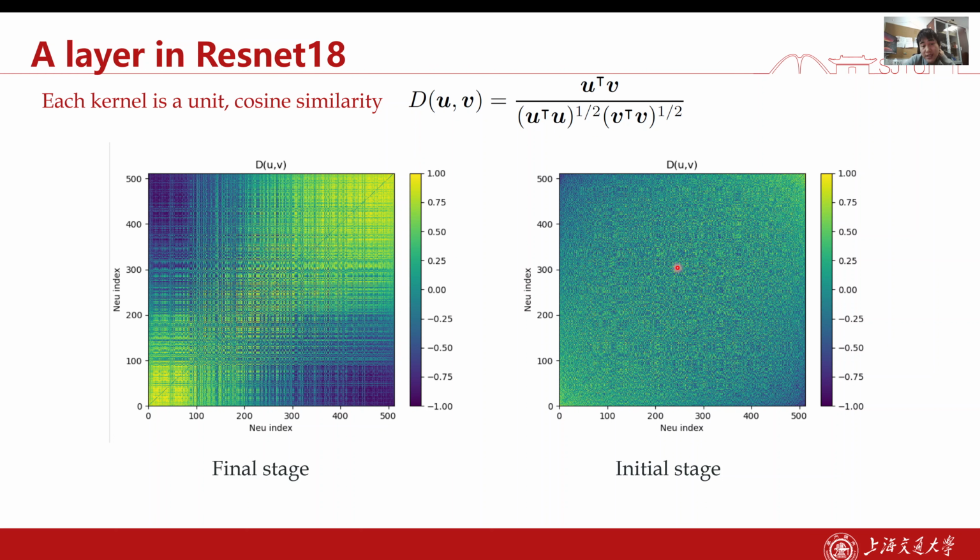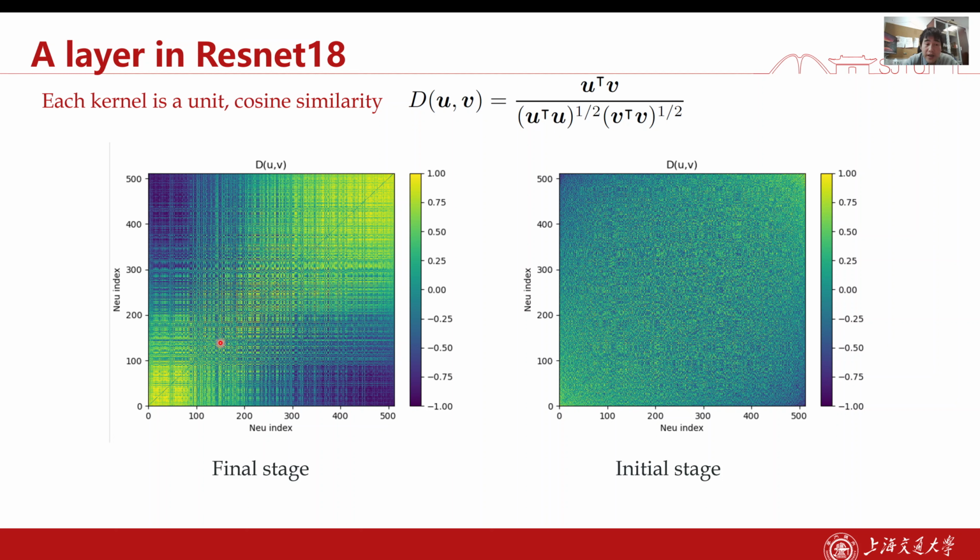This is the initialization, with the neuron or kernel index on the axes. We can see that at initialization there is no significant clustered group, meaning the directions of different kernels are quite different. But after training, we can see some kernels are clustered.